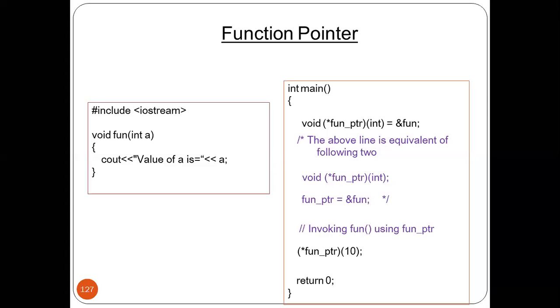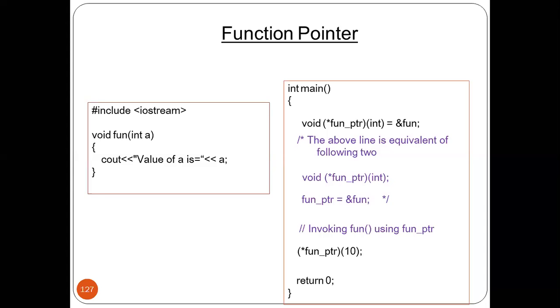If you remember, for memory allocation we did this with malloc and alloc syntax. We are not using actual memory allocation here, but we are using it as a pointer variable. So both these lines we can write in one line, or two separate lines are also allowed.